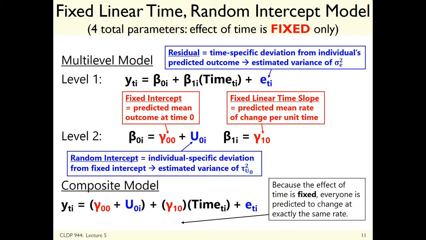So if I pick up the fixed effect, there we go, of time into my multi-level equation, I pick up beta 1i. That's another placeholder. That is going to be how each person gets their own rate of change. Note that the variable next to it is time with a ti.